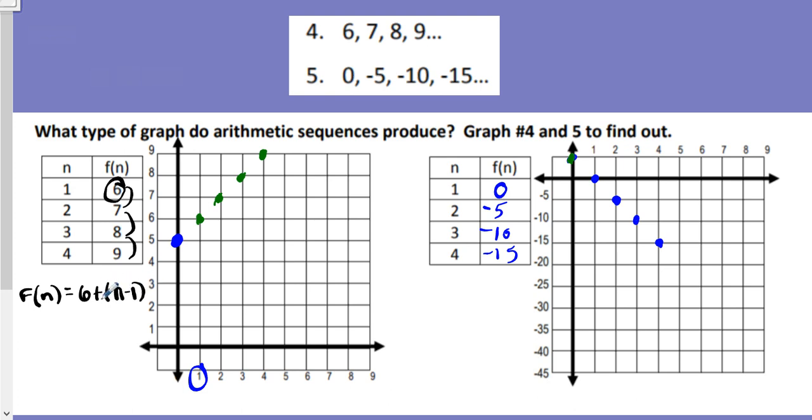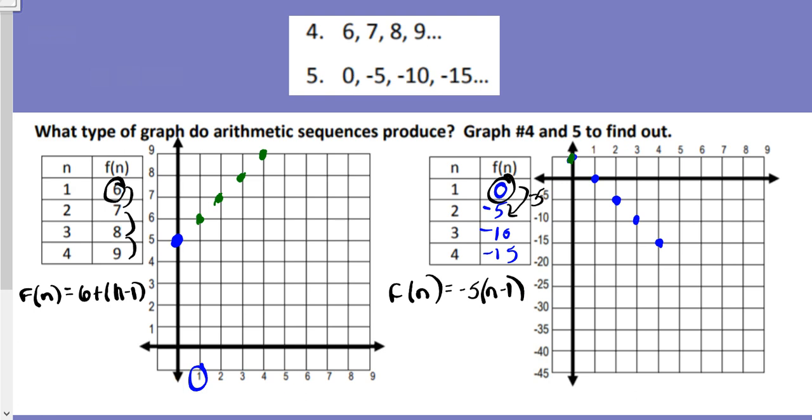No, the common difference is on the outside of the parentheses. And in number 5, my common difference is negative 5, and my first term is 0. So I'd have f of n equals, I don't need to write 0, so in this case, negative 5 times n minus 1, which we already looked at both of these above.